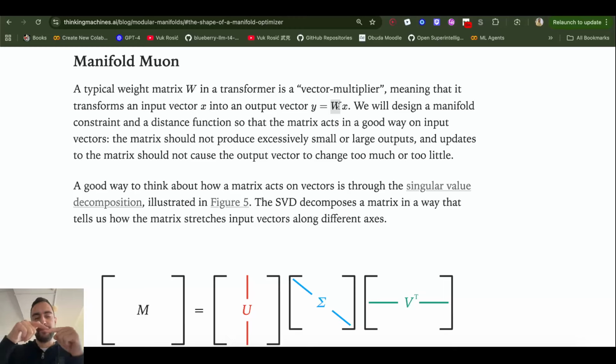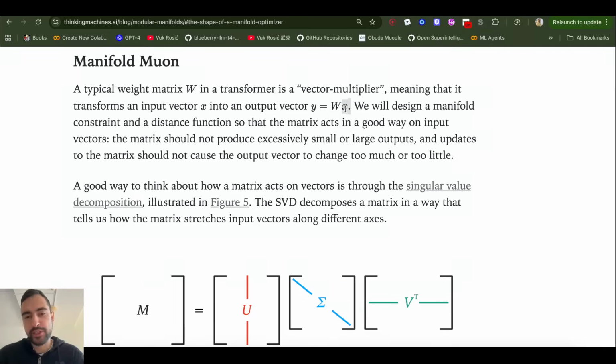Or it could become very big. But if we just rotate the vector, then it's not going to be stretching or squishing. So imagine that x is our vector. When we multiply it with the matrix W, we get y, which is the rotated version of x, and we don't want y to be stretched or squished. We want it to be the same length.